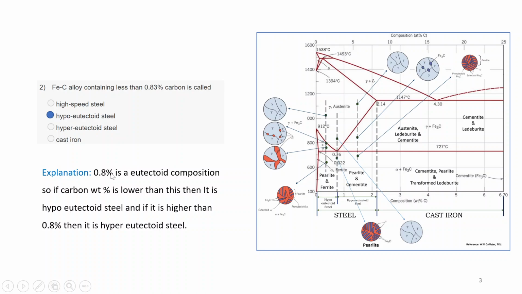Based on these percentages, your material microstructure also changes. After 0.8%, you start to have a cementite network along the grain boundaries, and below that you have some pro-eutectoid ferrite in the material along with pearlite. So pearlite is present in both cases, hypoeutectoid and hypereutectoid, but the pro-eutectoid phase is ferrite in case of hypo, and a cementite network in case of hypereutectoid steels.